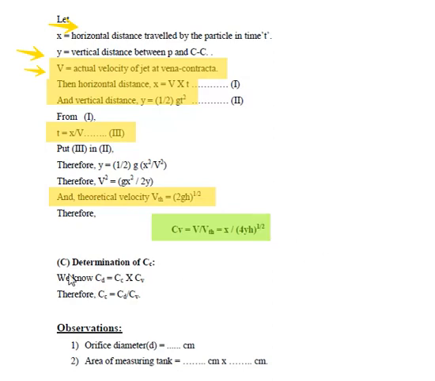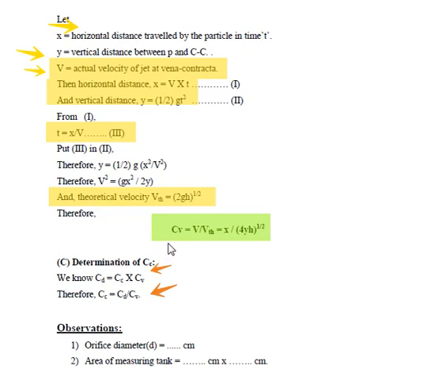And subsequently these formulas also are there when you do the theoretical derivations, or as per the definitions. What is Cd? Cd is the product of Cc into Cv. Whereas coefficient of contraction Cc is the ratio of Cd upon Cv. Cd is the coefficient of discharge.